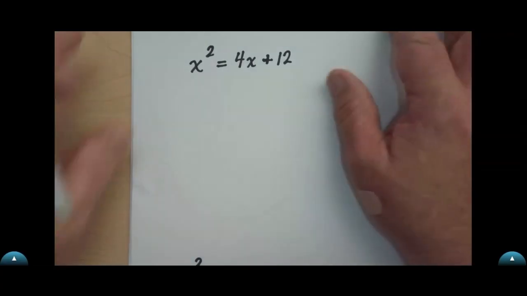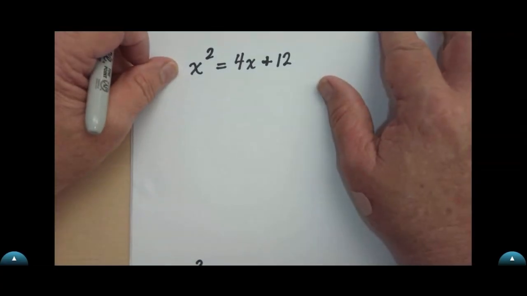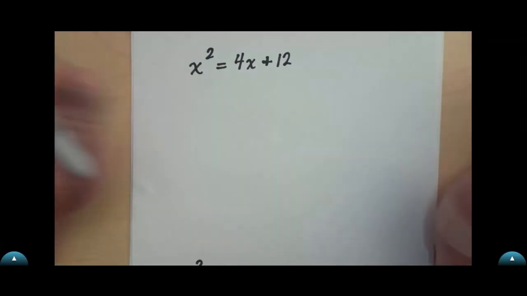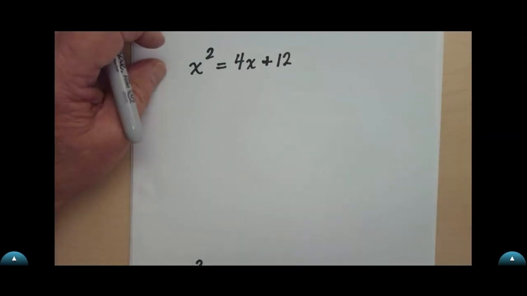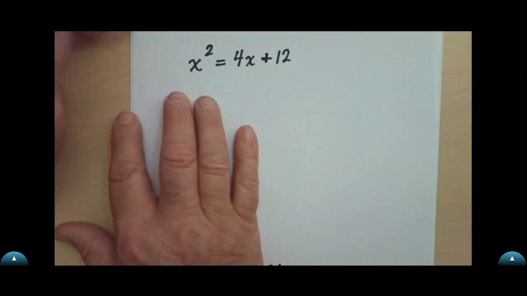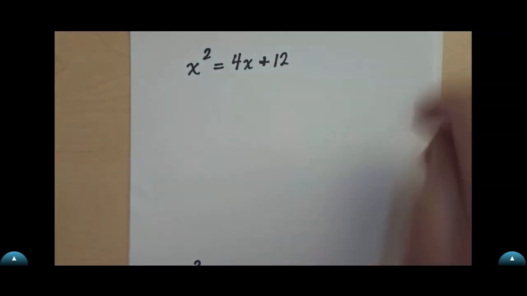But you're always going to want your x squared term to be positive. So if you did that, you'd have to multiply both sides times negative 1, and so on. It's probably just easier to say, look, if it's not set equal to 0, just move all the terms to whichever side of the equation the x squared term is on.